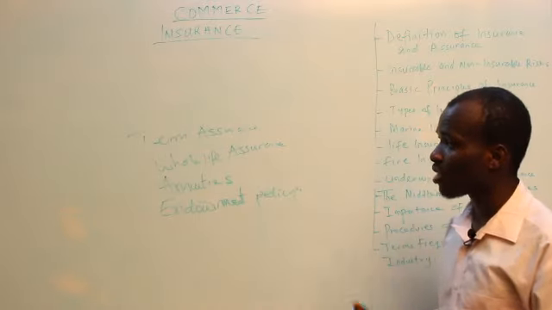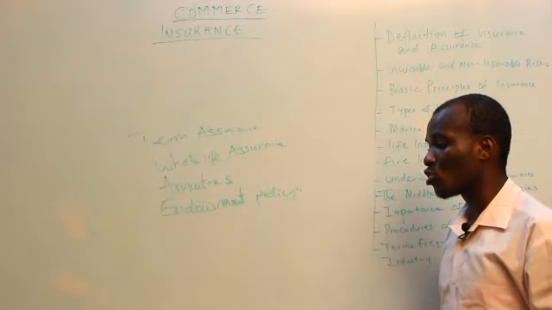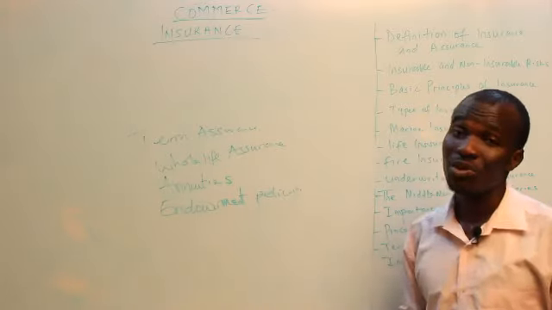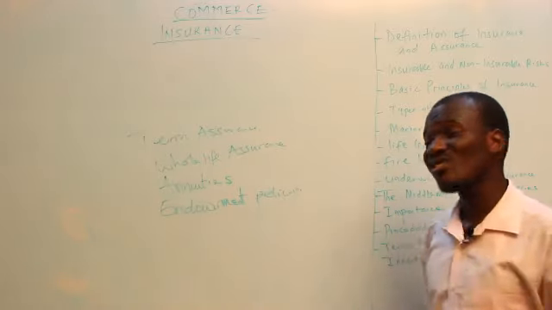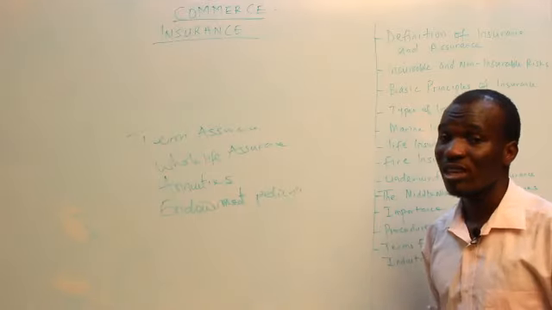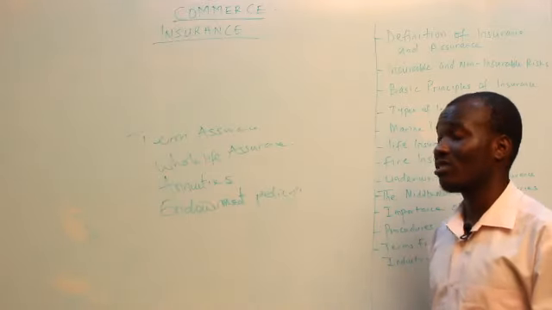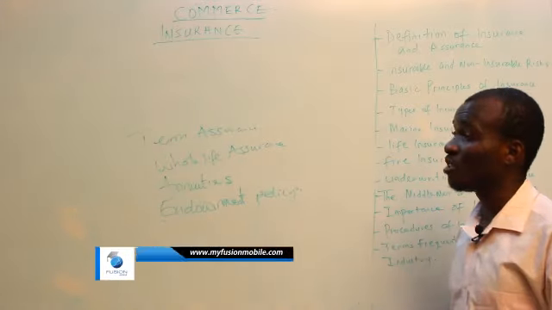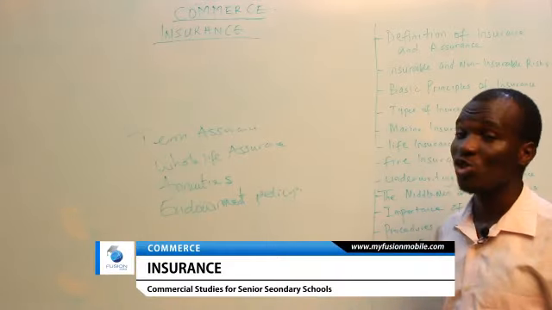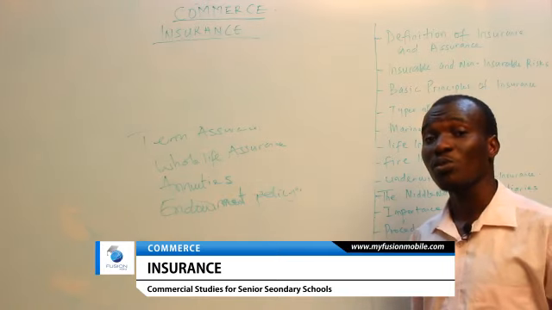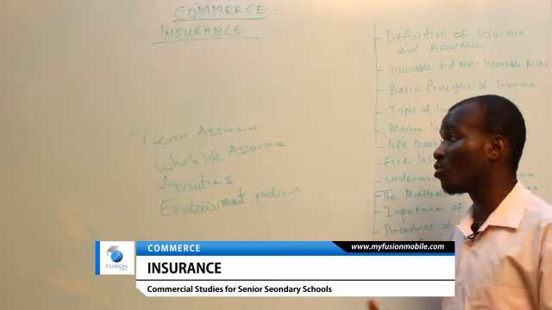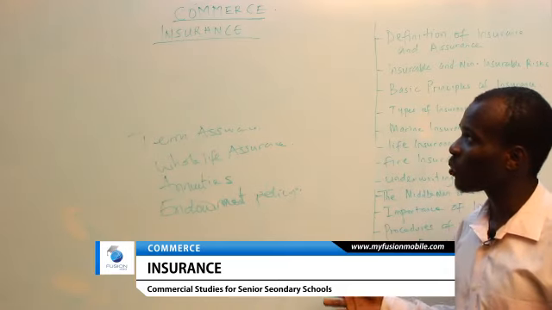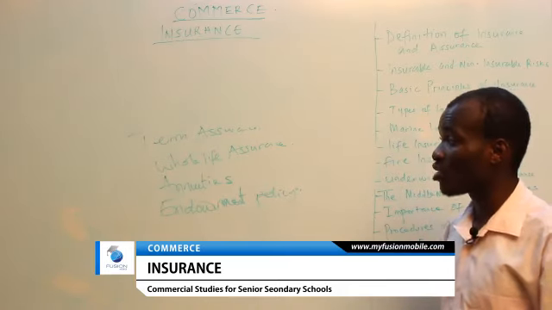We can also use life assurance policies as collateral security to secure a loan in the bank, and as a source of loan repayment. You can use it in paying a loan and some overcharges made by the bank. So that is one of the reasons for taking a life assurance policy.